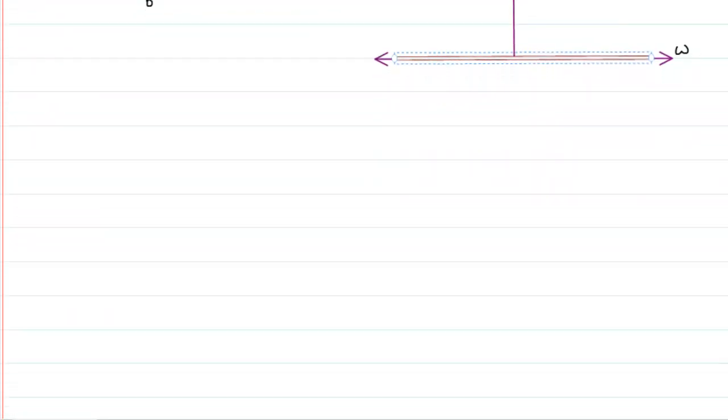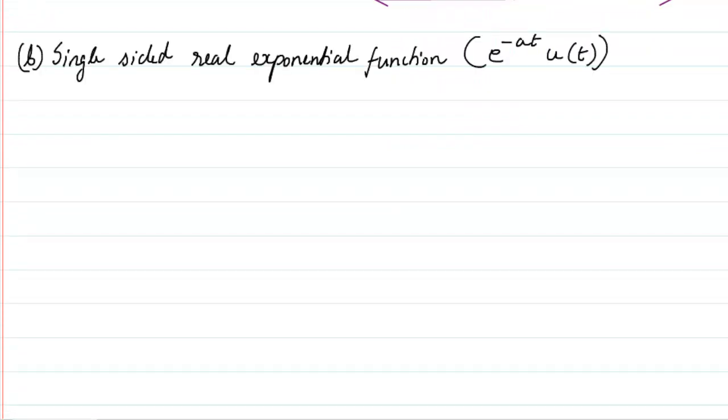Similarly, we will do other functions. The next function that we are going to look at is the single-sided real exponential function. So first we will write the function x of t is equal to e raised to power minus a t u of t.